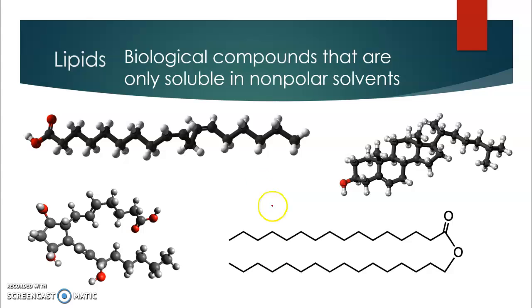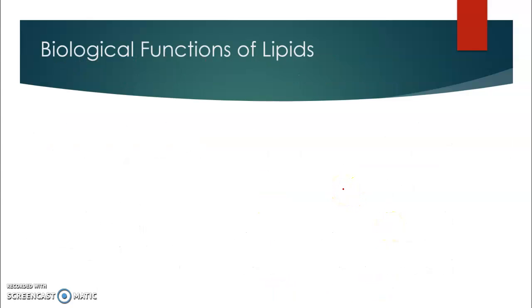And that's why we get such diverse groups. And that means we're going to see really diverse functions because we have really diverse structures. Really, the idea that they're only soluble in nonpolar solvents is the thing that makes them all classified as a lipid.